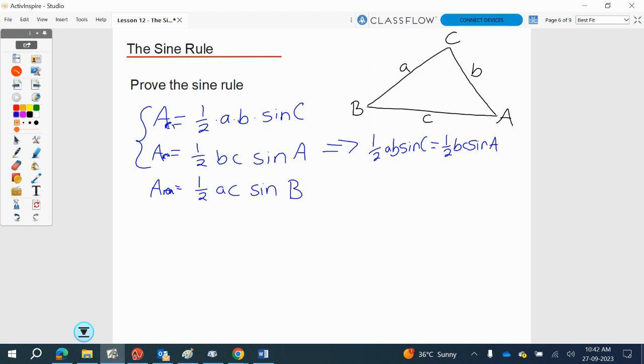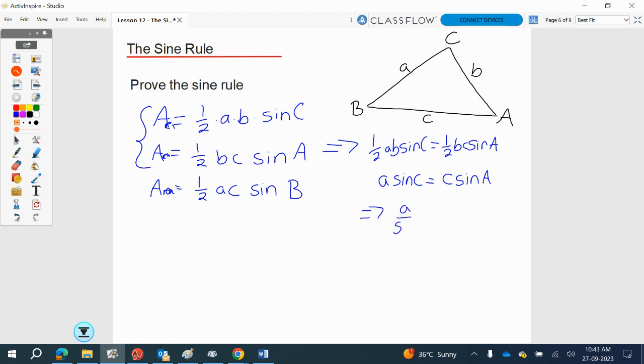We throw the halves away. And the B's. So if I simplify that, I get A sine C is equal to, no, sorry, C sine A.